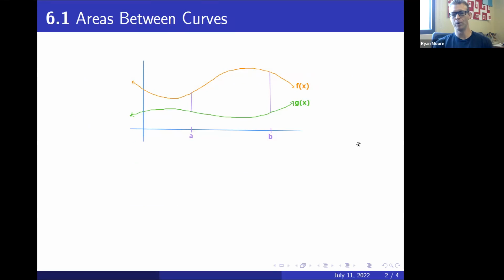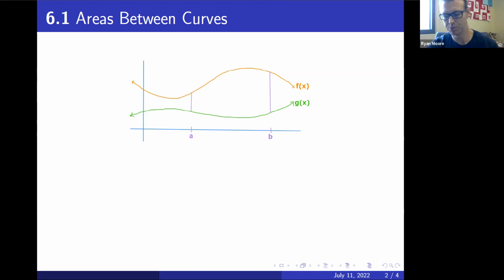What if we did not simply want to find the area between one function and the x-axis, but the area, say, between f of x and g of x, like that area right there between the purple lines. How would we do that? You think, well, an integral always finds the area between the function down to the x-axis.